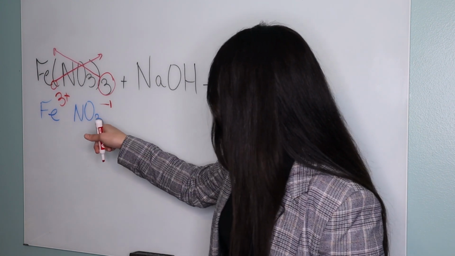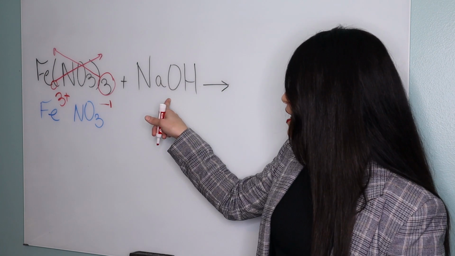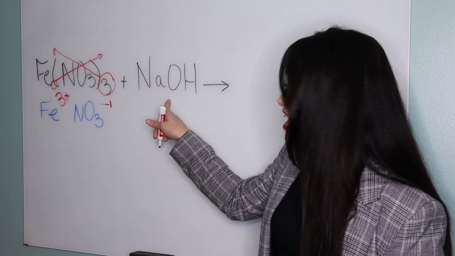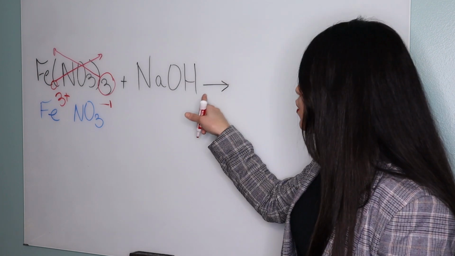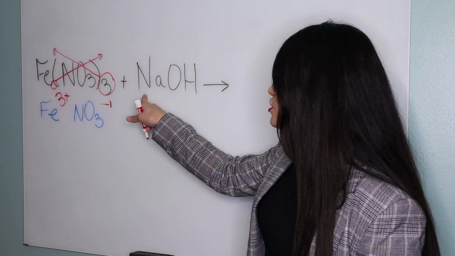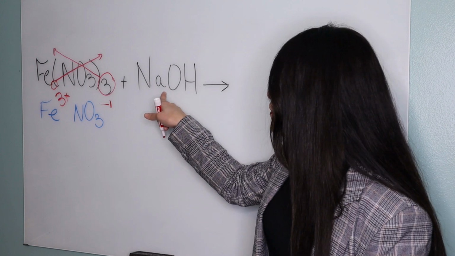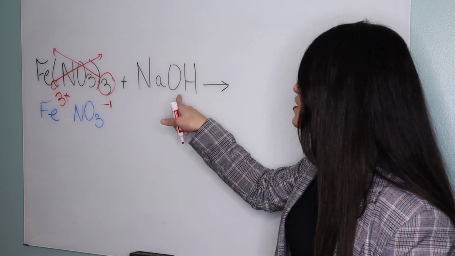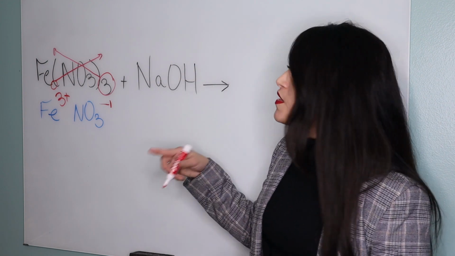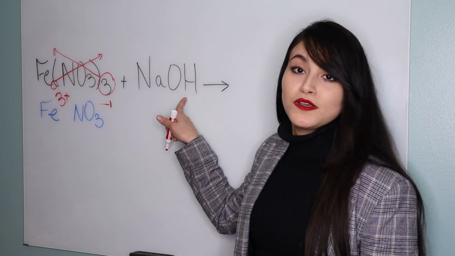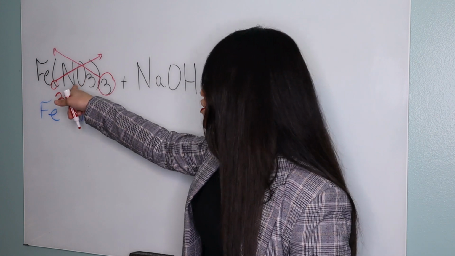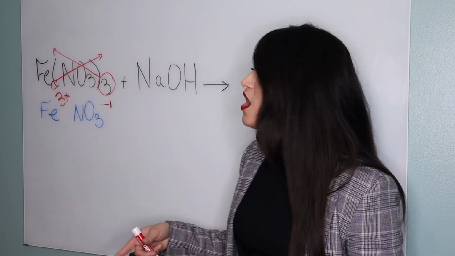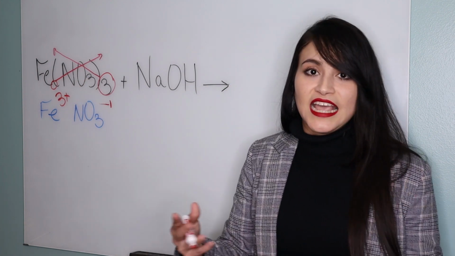Then after we did this first one, let's go ahead and do the same thing with sodium hydroxide. So again, the number over here will go up and across, and that will be the charge of sodium. And the number right here will go up and across, and that will be the charge of hydroxide. Also, something to note is that you were supposed to memorize the charge of hydroxide, and you were also supposed to memorize the charge of this polyatomic ion, nitrate.